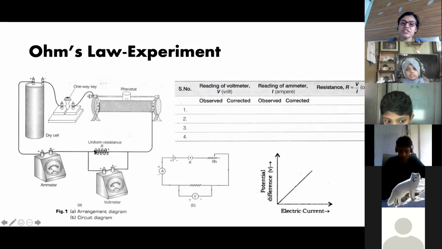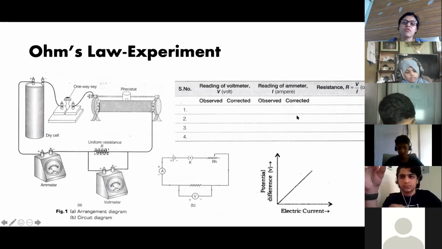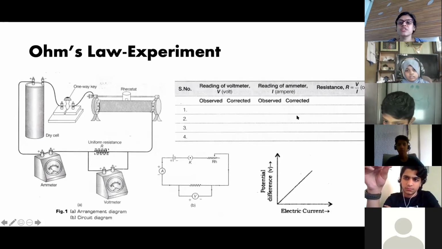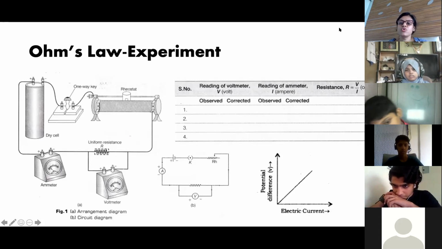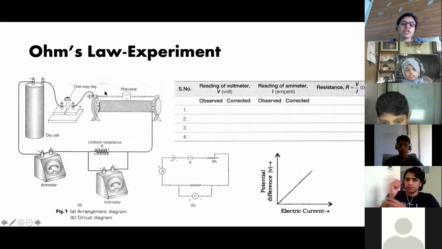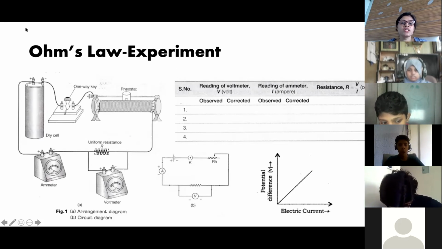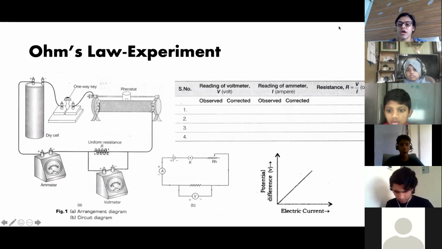Then how will we find the fixed value of resistance through the experiment? That is why this law is valid only for constant temperature, because when the temperature is not constant the resistance will change, and we don't want a variable resistance. This is a fixed resistance. So this is Ohm's law at constant temperature.